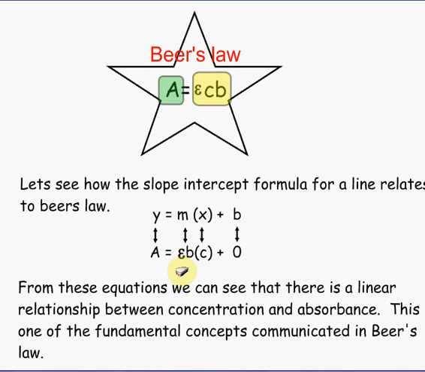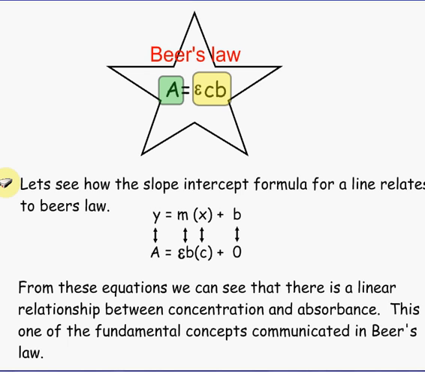Those are two constants, right? And our concentration is equal to our x. That's our variable, all right? We can change our concentration. And Beer's law assumes that the line goes through the origin, so our y-intercept is 0, where in our equation it's b.